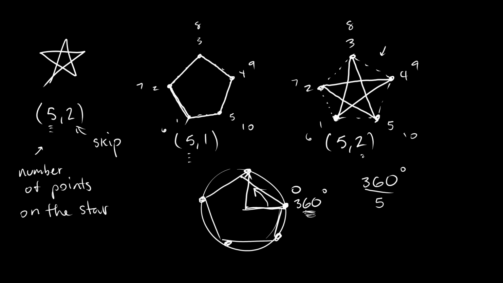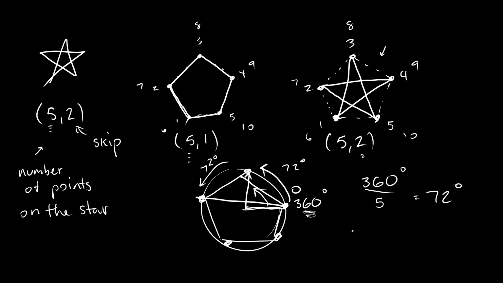If we wanted to go from 0 over to here, that's the same thing as going 360 divided by 5. Oh, by the way, that's 72 degrees. That's the same thing as going 72 degrees once, 72 degrees twice.